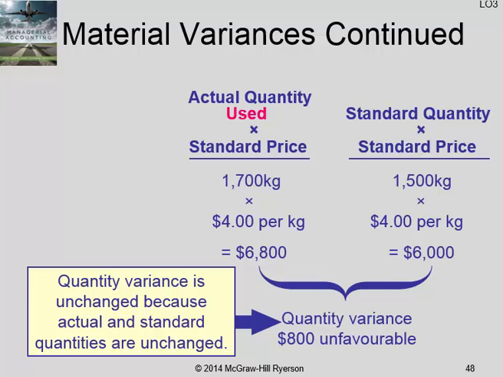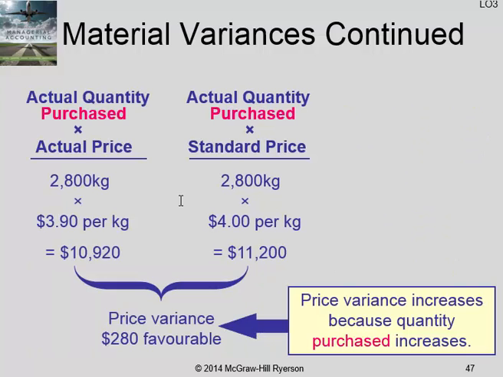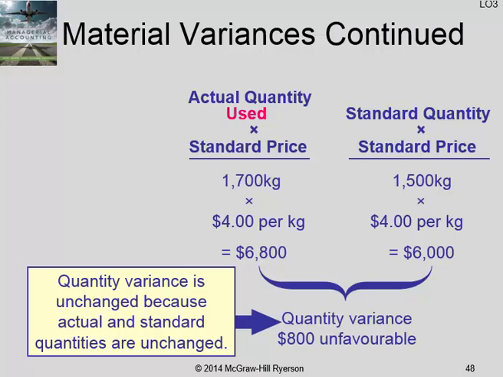And notice that if you were going to put the two of them together, you'd have this price variance up here, and then lower down, you would rewrite this information using the 1,700 kilograms at 4 kilos per bag, and so on down here, and that's how you would end up doing it. And you'll see examples of this in the homework problems. Okay, so again, use the quantity purchased for the price variance, the quantity used in production for the quantity variance, and you're good.